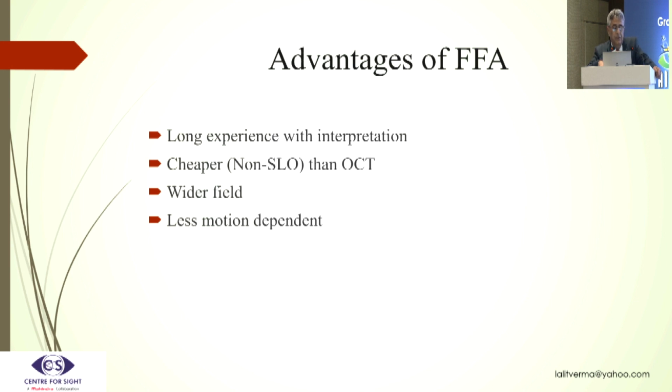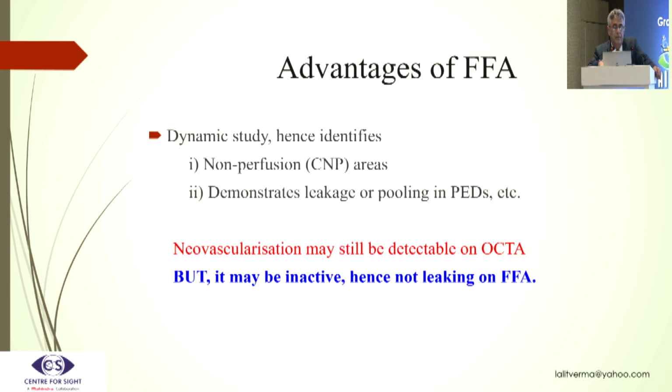Apart from being cheaper and having fewer artifacts, it is less motion dependent. Plus, it's a dynamic study. You study the flow. Although OCTA also is dependent on flow, like Puneet was saying. If there's no flow, you may not be able to differentiate much.